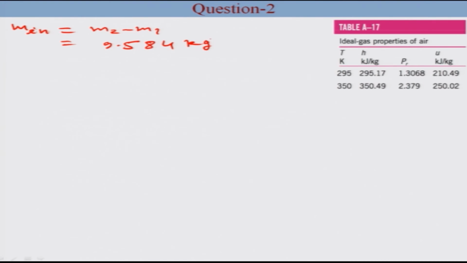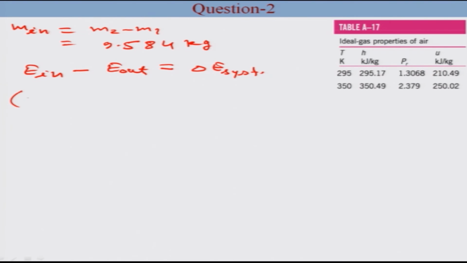Next we have to calculate the amount of heat coming out of the system. So from energy balance, total energy in minus total energy out will be equal to delta E of the system.